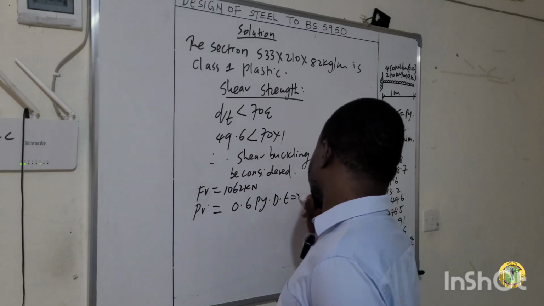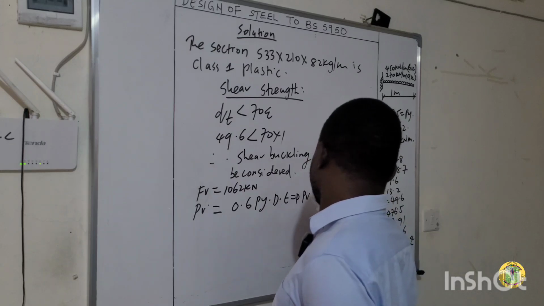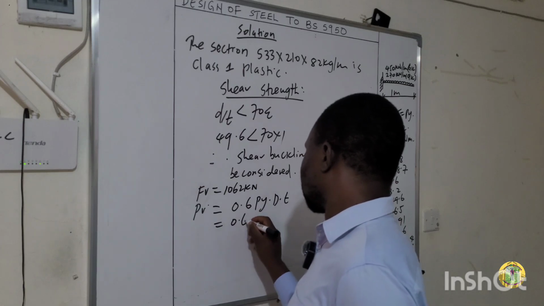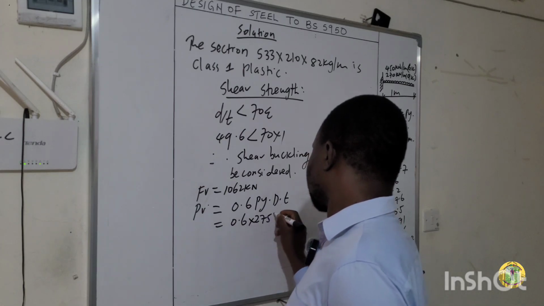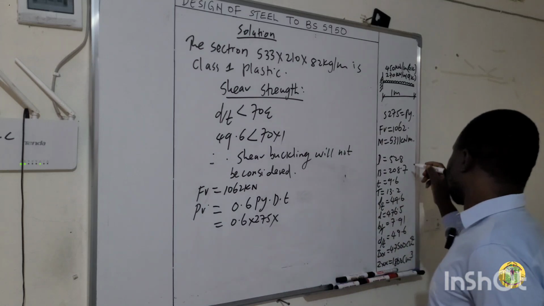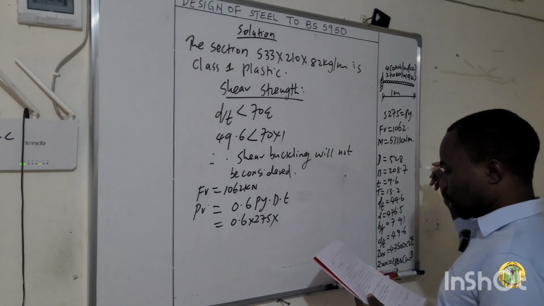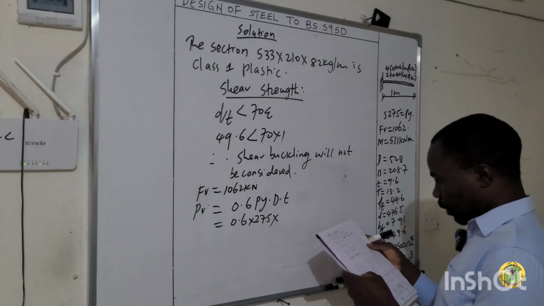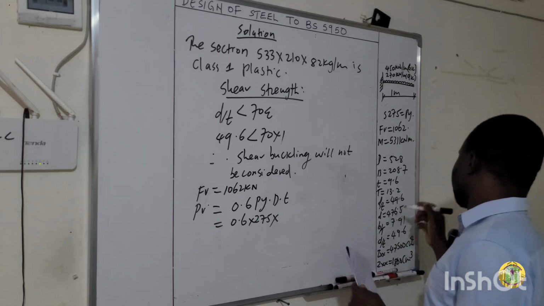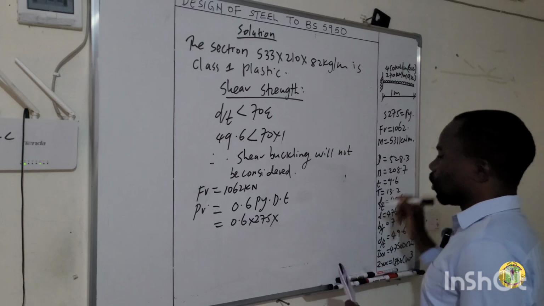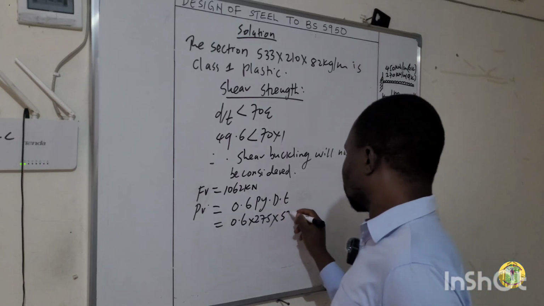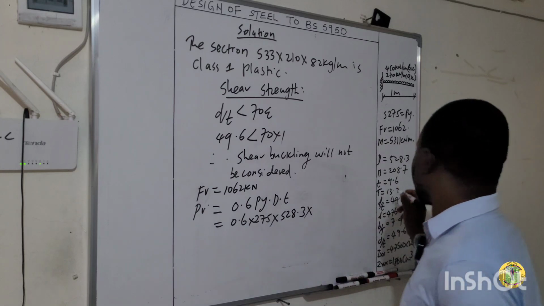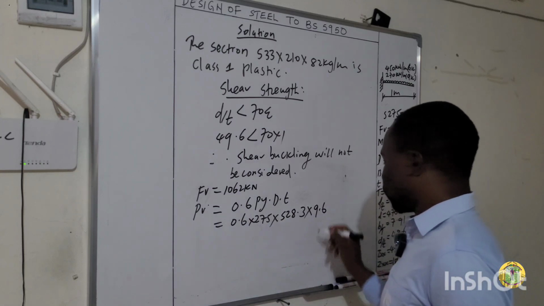So PV is equal to 0.6 times 275 times d here, which is 528.3, times small t, which is 9.6.